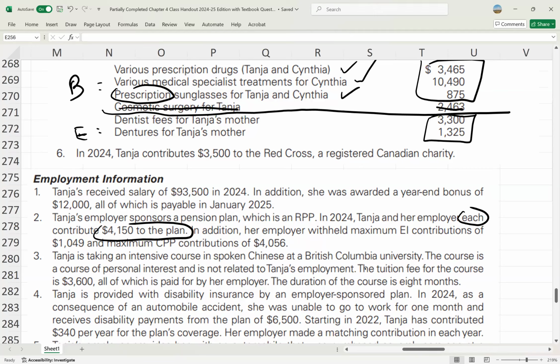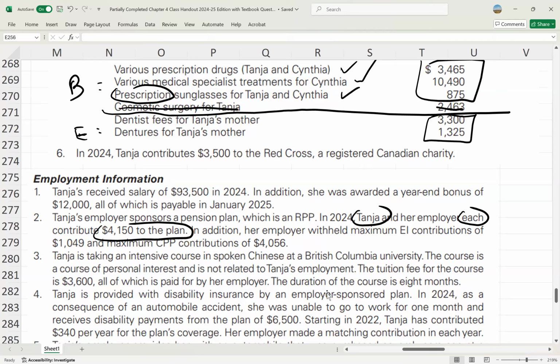An RPP is one that's set up by your company. If you put money into an RPP, which Tanya did, that is going to be a deduction from her employment income, trying to, again, encourage employees to start saving for retirement. So the money that she put in to her plan will be a deduction from employment income.